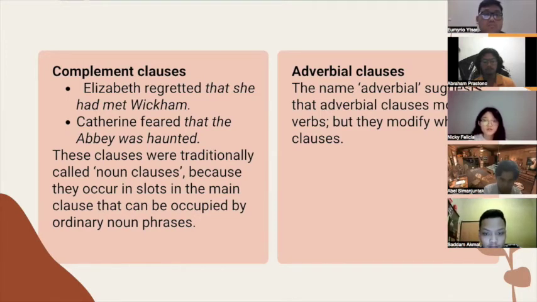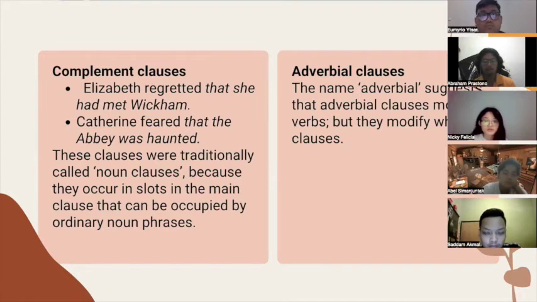The example is: because Marianne loved Willoughby, she refused to believe that he had deserted her. In the sentence, the writer uses it to give the reason why Marianne refused to believe that Willoughby was gone.